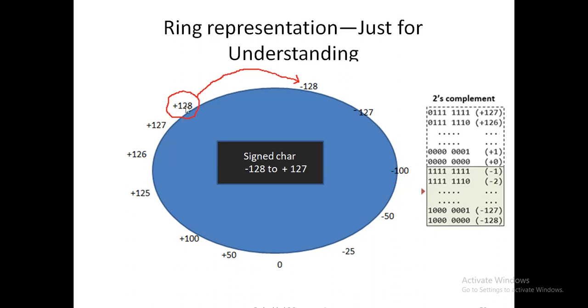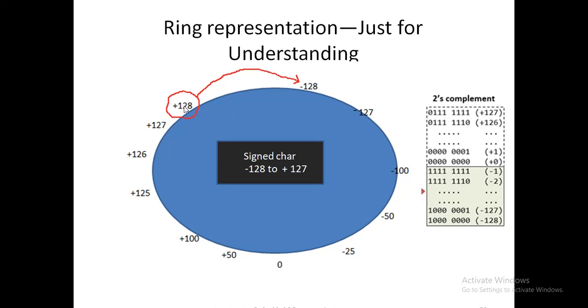Suppose you are passing plus 128. This is not in this range, but you are passing plus 128 with the help of a signed character, so the compiler won't give any error. The plus 128, the hexadecimal value, is 80. 80 is already assigned to minus 128.